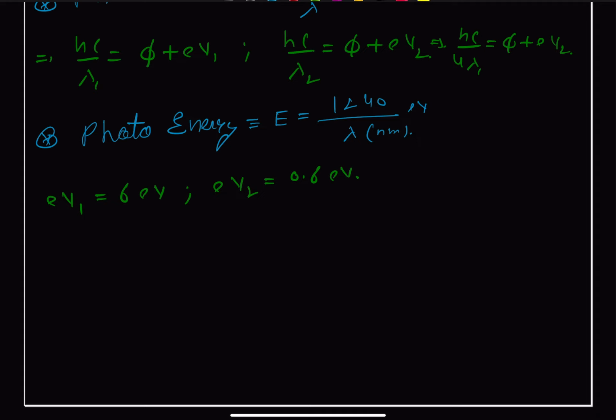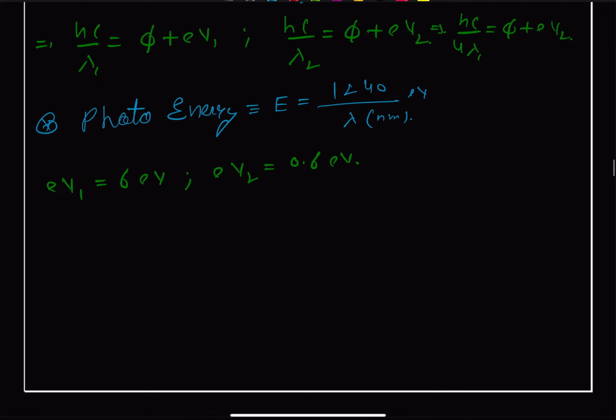So we can write the respective equations, that Hc is our 1240. So we can say 1240 upon lambda 1 is equal to phi plus 6 volts.